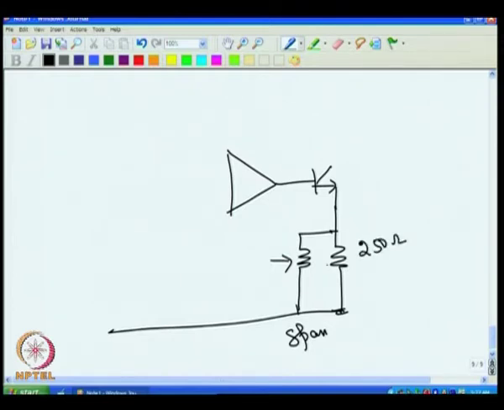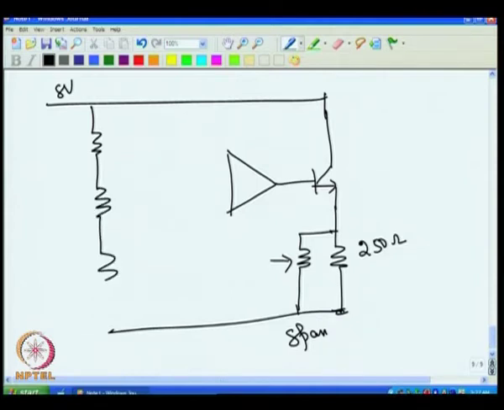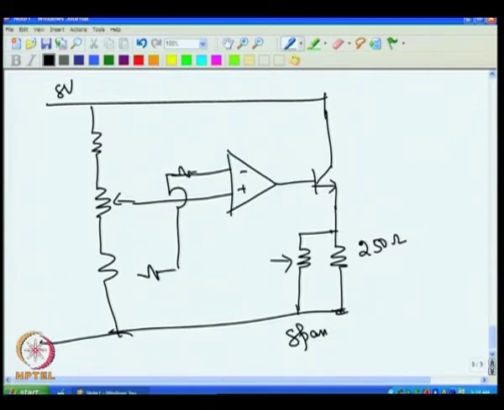That extra can be taken care of by this potentiometer. This is your 8 volt line, that regulated voltage. So you will have the potentiometer and then ground here, and this can be connected to plus, and the minus voltage is coming here.